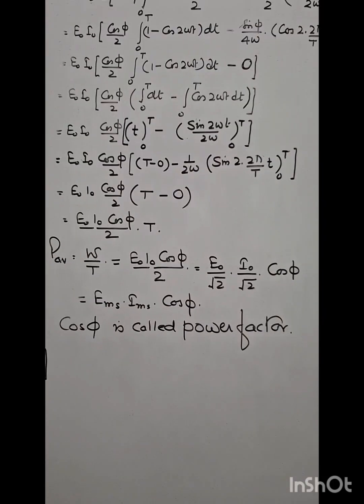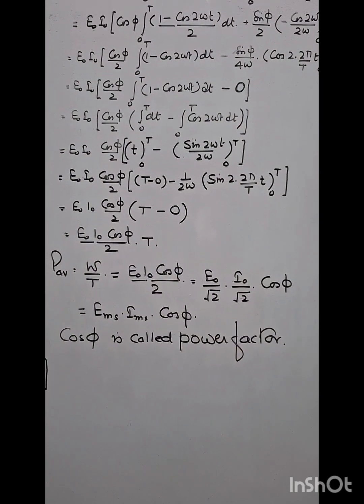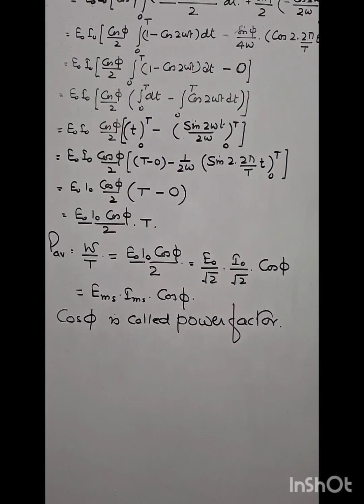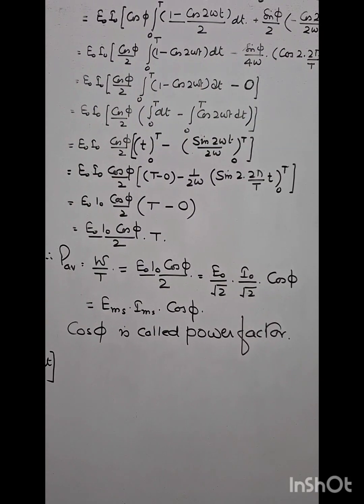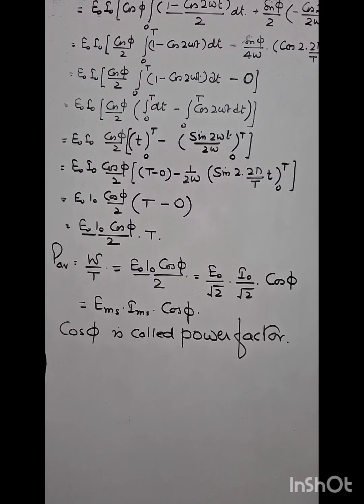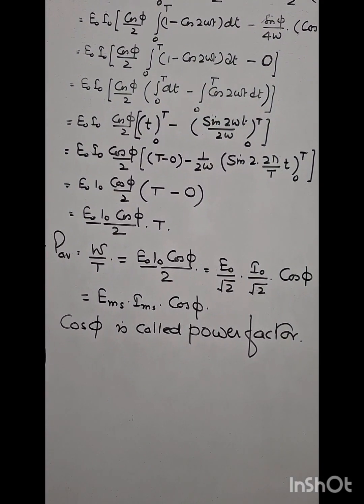In case of an AC circuit containing only resistance, the value of phi is 0 because voltage and current are in the same phase and cos 0 is equal to 1. Therefore, this formula reduces to P average is equal to E RMS into I RMS.